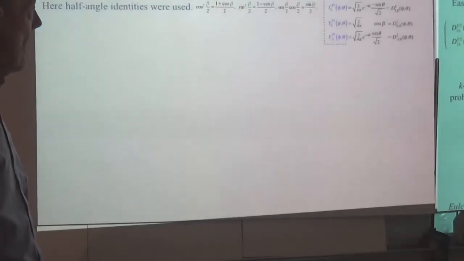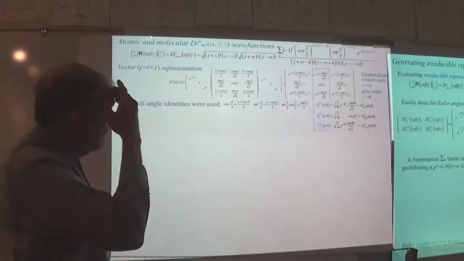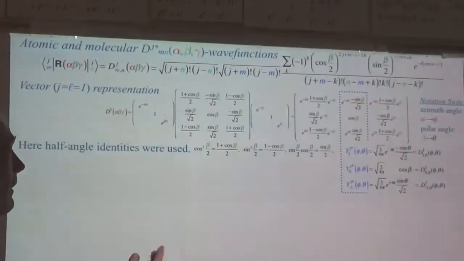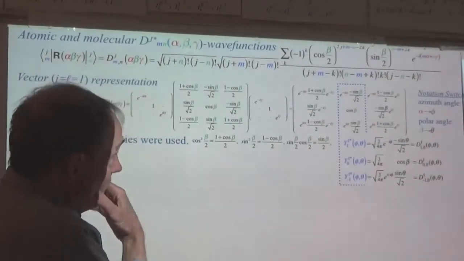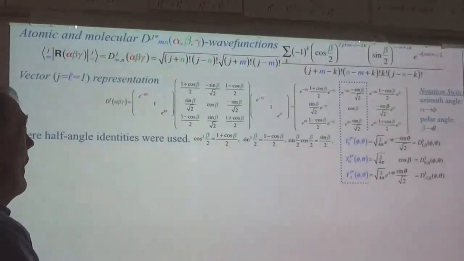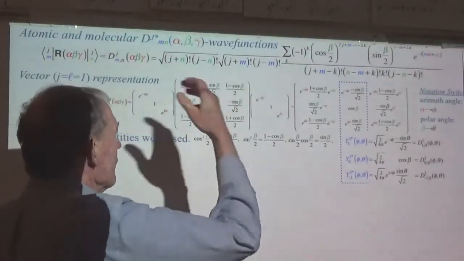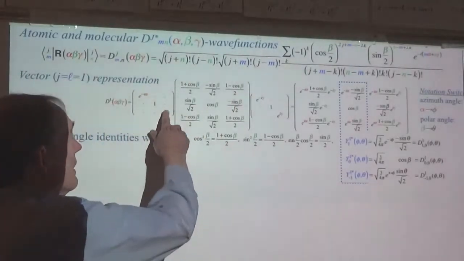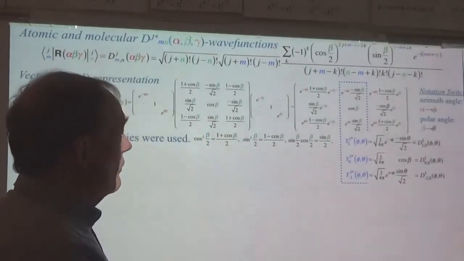Okay, now let's take a look at these things from a point of view of what sort of function in alpha, beta, gamma space, and forget about gamma. It's an overall phase most of the time, but let's just take the whole thing for whatever it gives us.